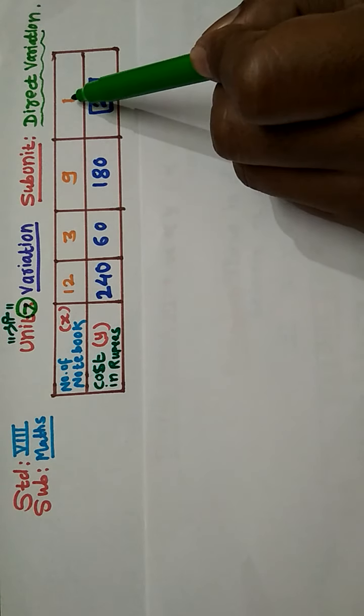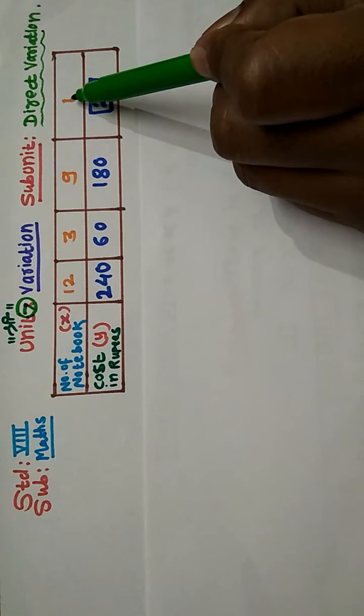We get the ratio 12 upon 240; 12 ones are 12, 12 twos are 24, 12 zeros are 0, which means we also get 1 upon 20. So by dividing, 9 upon 180 also gives 1 upon 20.